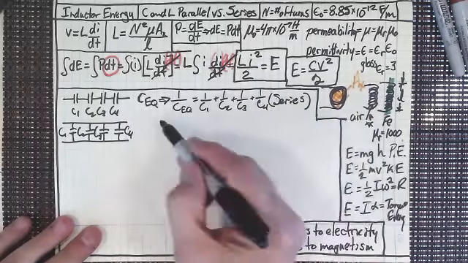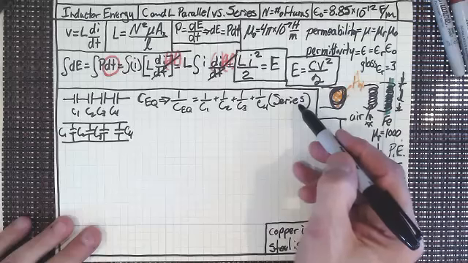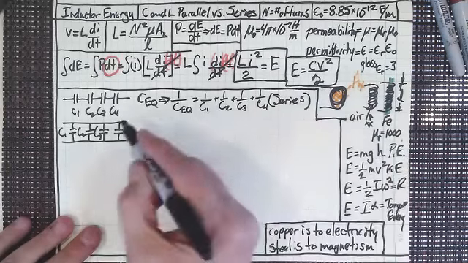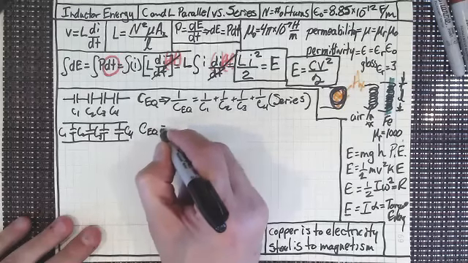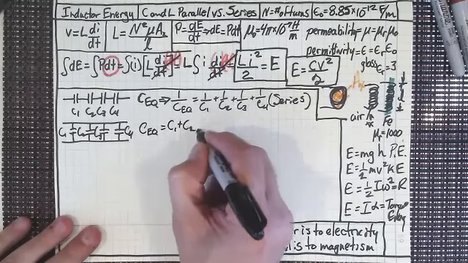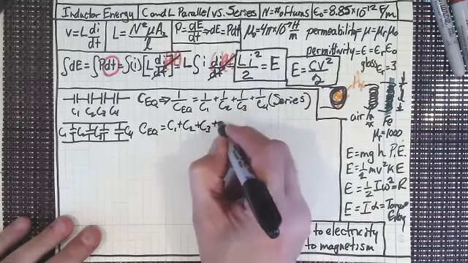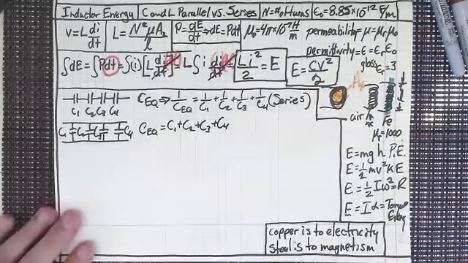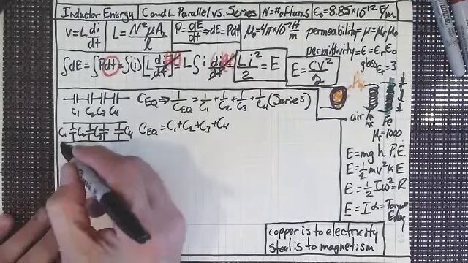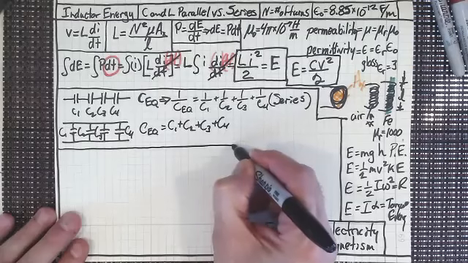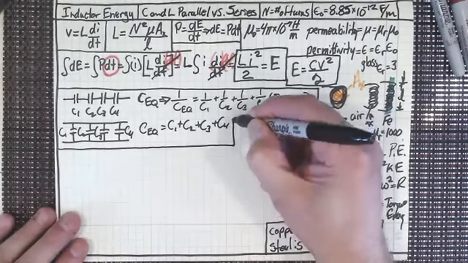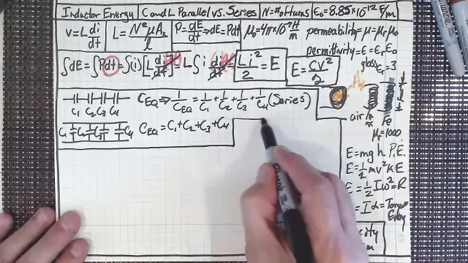So this would be just like, of course, resistors in parallel. And so these in parallel, C equivalent is just C1 plus C2 plus C3 plus C4. Very, very easy to see how to add those. They work exactly opposite to resistors.